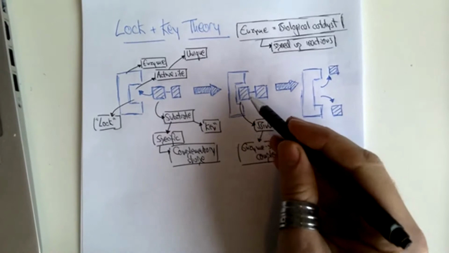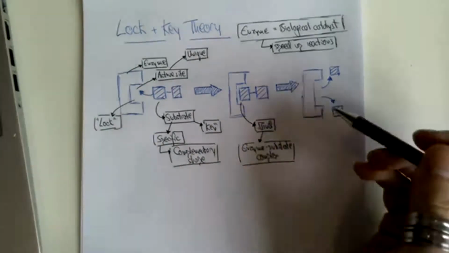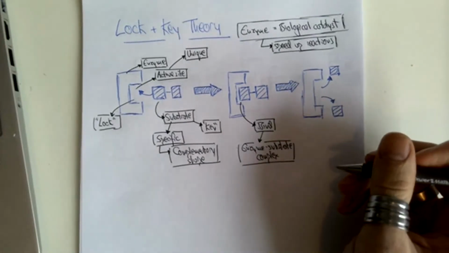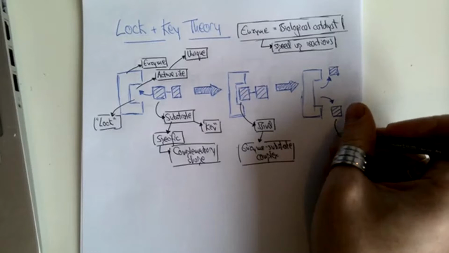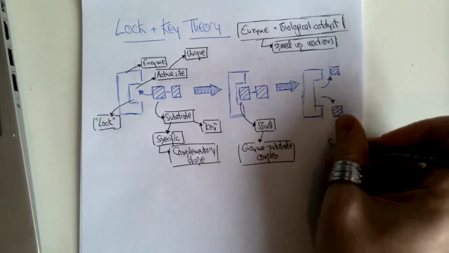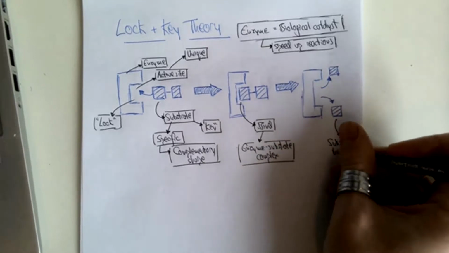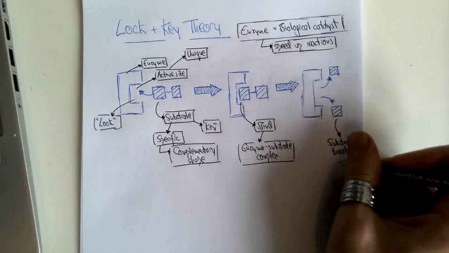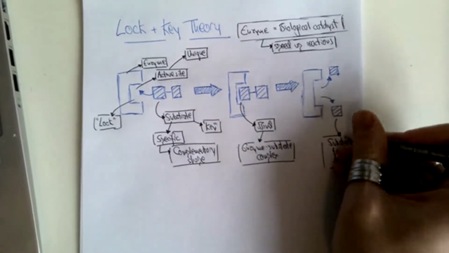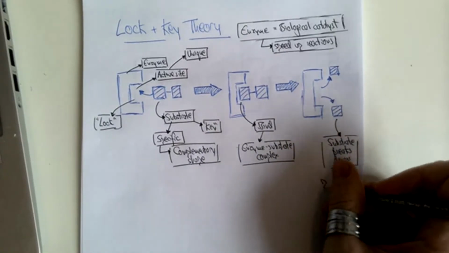This is just the substrate molecule and the enzyme bonded together. Then the enzyme acts to break down the substrate into separate products that are often smaller. So we've got products.